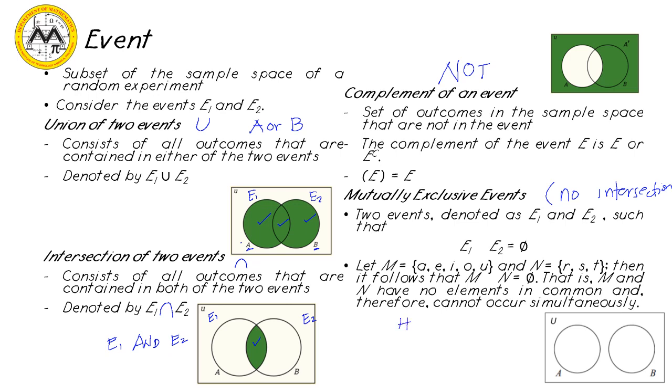As a simple example, let's have a coin problem. If you're going to toss a coin, the possible outcomes are head and tail. So if the outcome is a head, you cannot get a tail. But if the outcome is a tail, you did not get a head. It's not possible that you get the head and the tail at the same time.